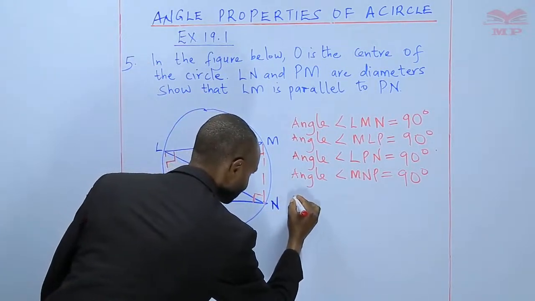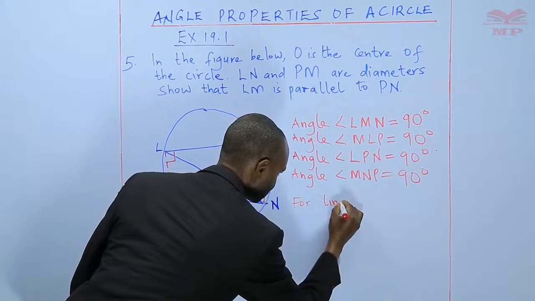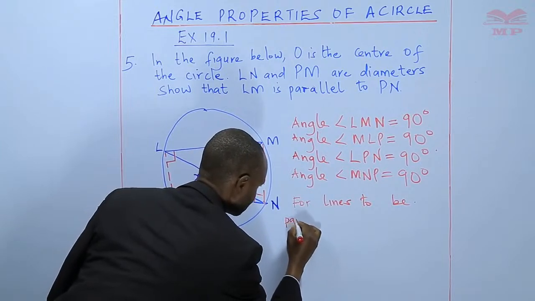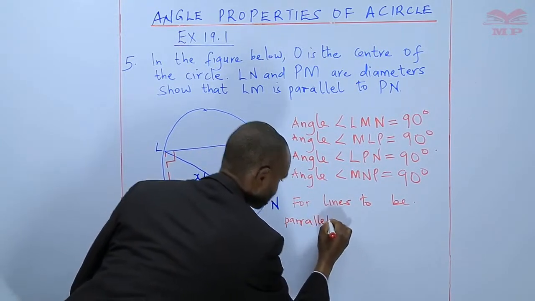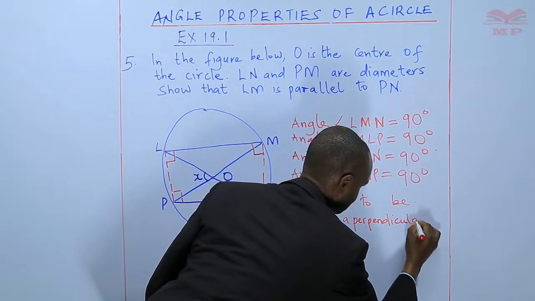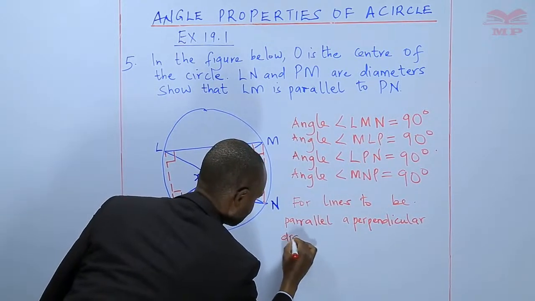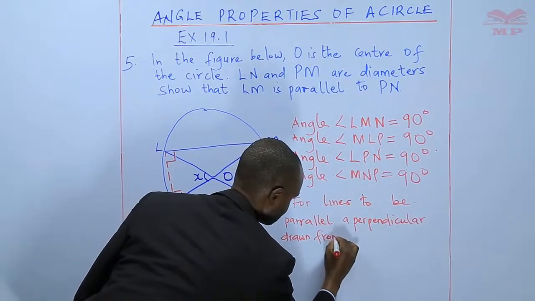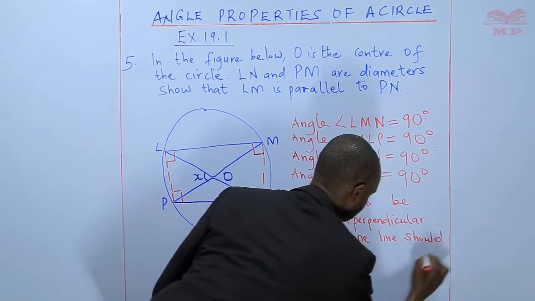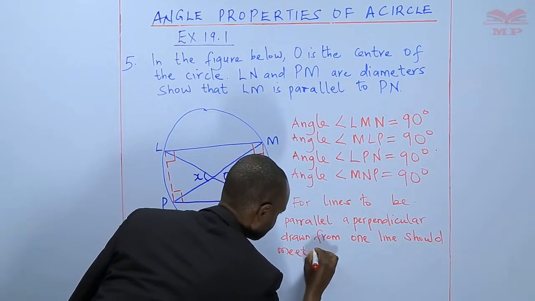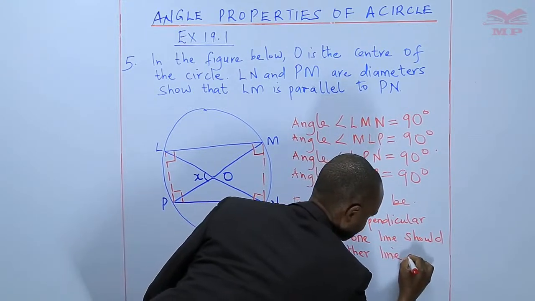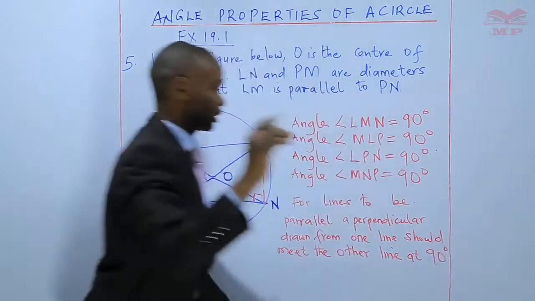For lines to be parallel, a perpendicular drawn from one line should meet the other line at 90 degrees.